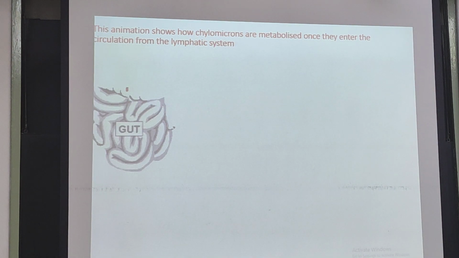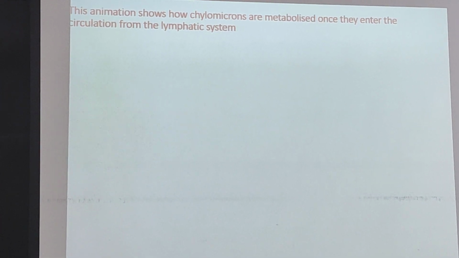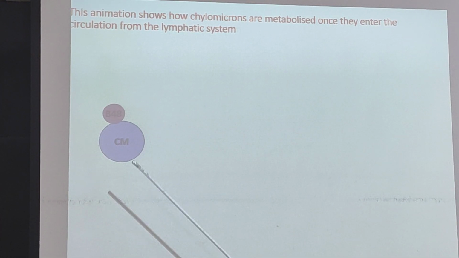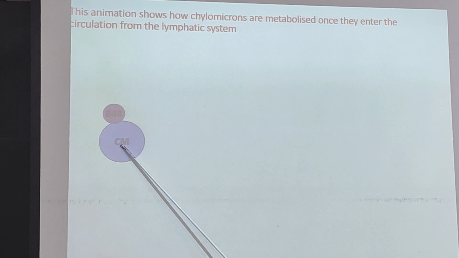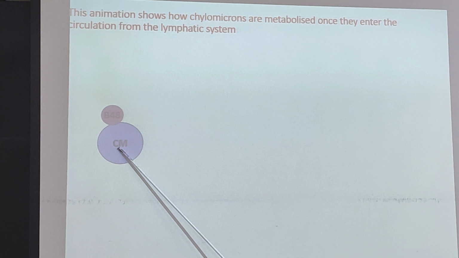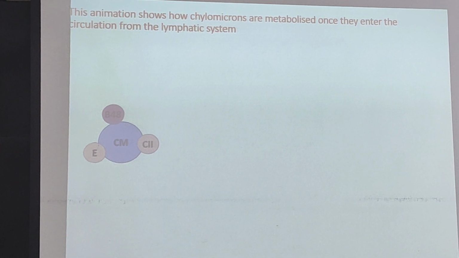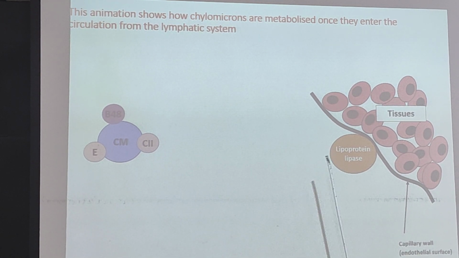What happened here? Again, we repeat. In the intestine, chylomicron is produced with just ApoB48, known as nascent chylomicron. Then it receives ApoC2 and E from HDL and becomes mature chylomicron.